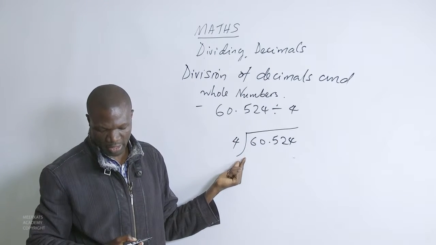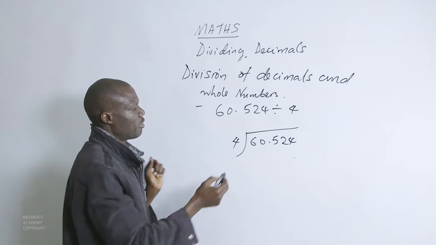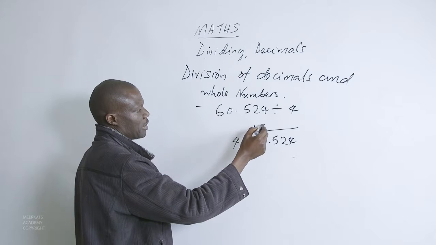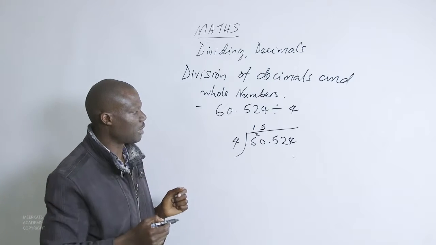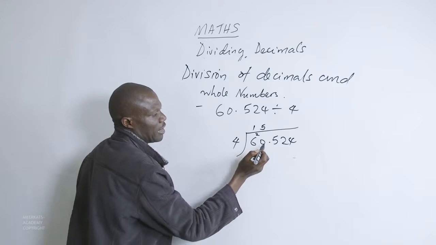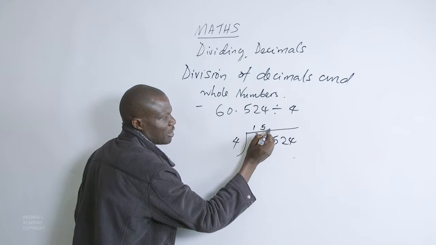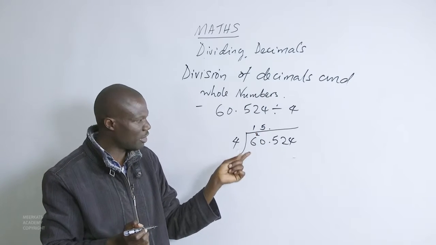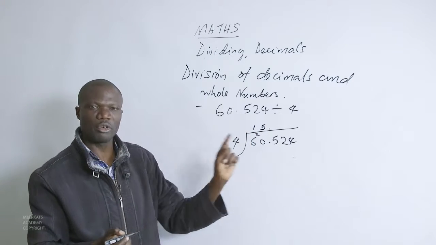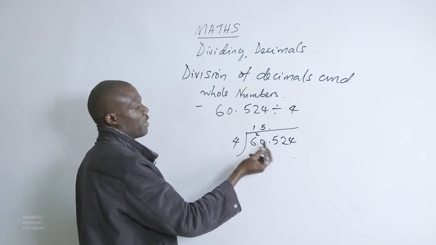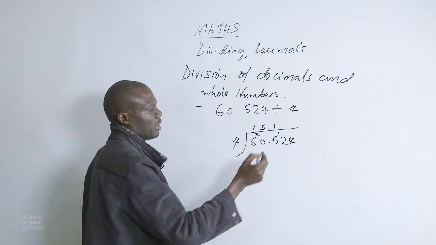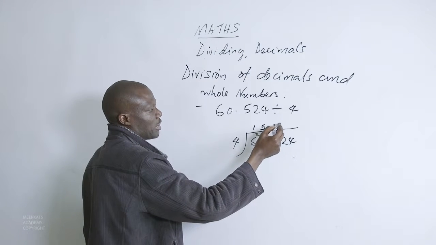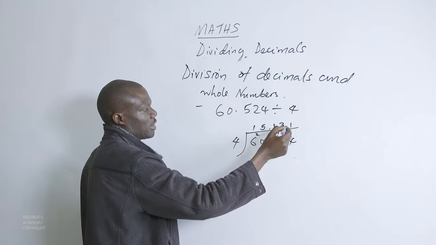So 60 by 4 is 1, carry 2. 20 by 4 gives us 5. What we are saying here is that the decimal point comes directly above. This is the dividend, this is the quotient, on the same position but above. And then we move on with the division in the ordinary way. 5 by 4 is 1, carry 1. We have 12 by 4 gives us 3, and 4 by 4 gives us 1.